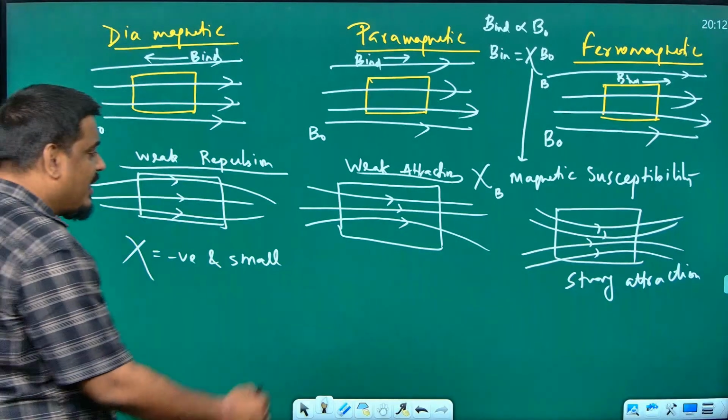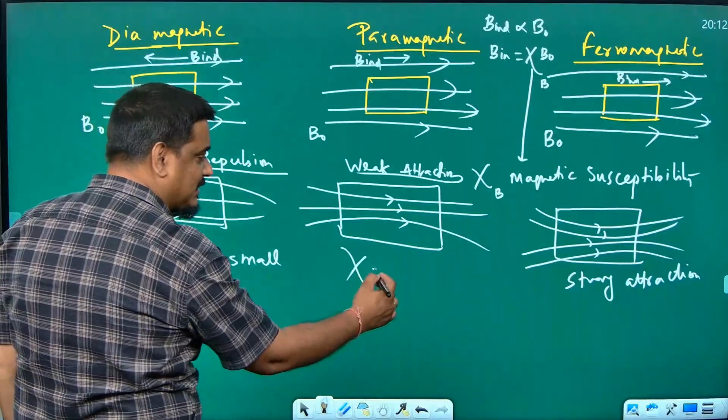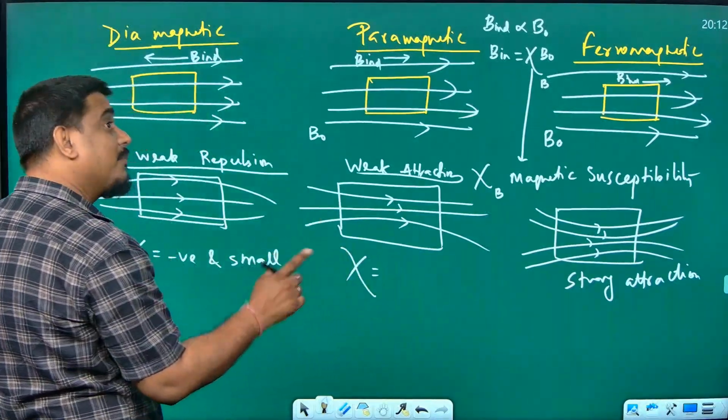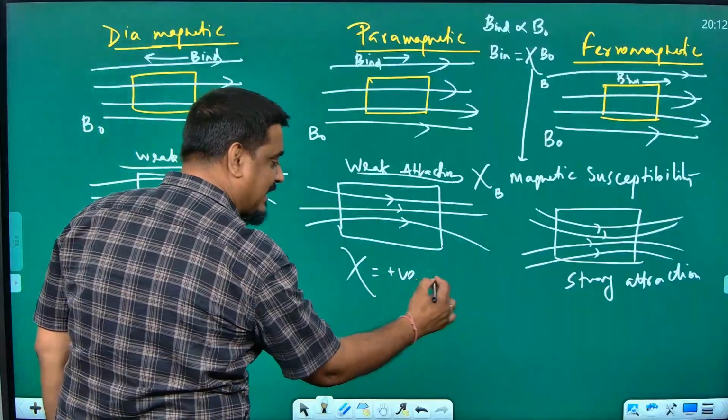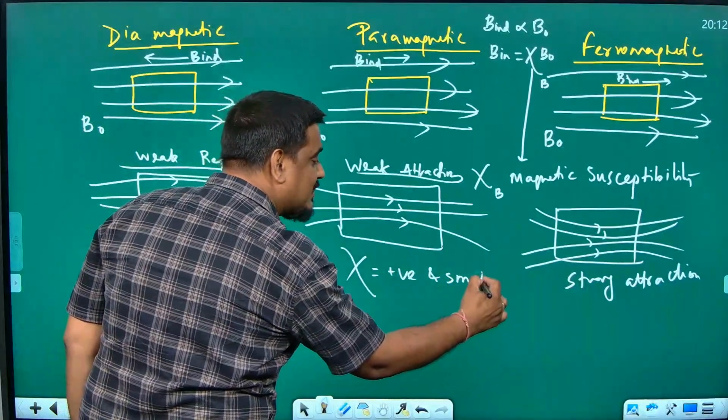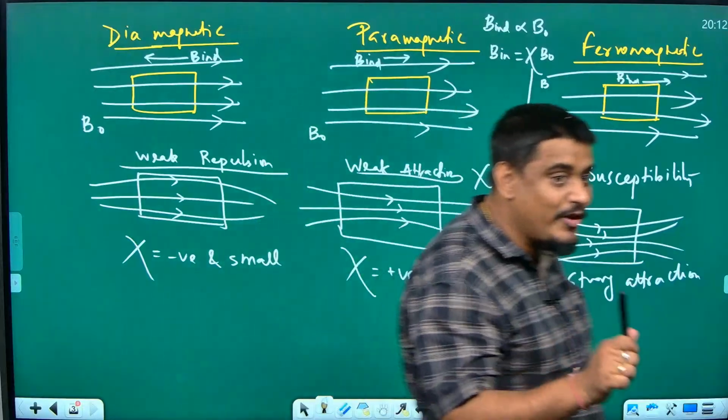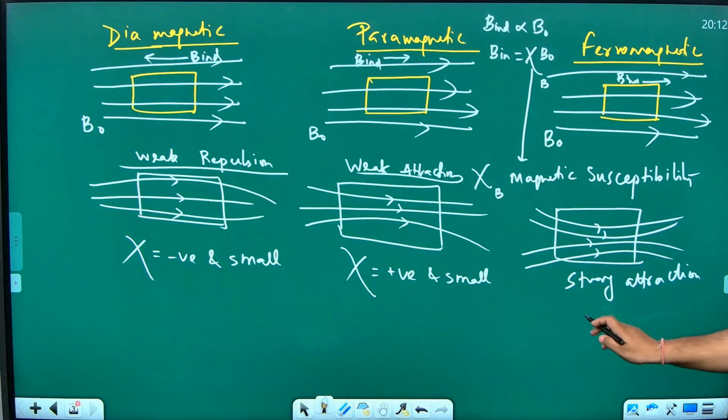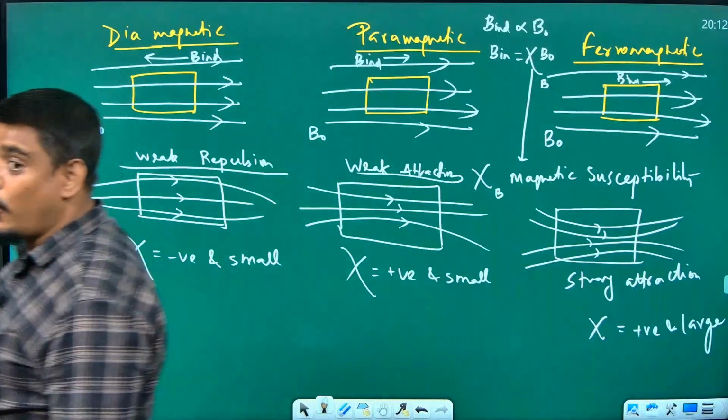In the same way, can you tell me what will be chi for a paramagnetic substance? Small and positive. Positive because it is attracting, small because it is weakly attracting. Same way, what is going to be chi for a ferromagnetic substance? Positive and large. Why positive and large? Because it is going to be strongly attracted.